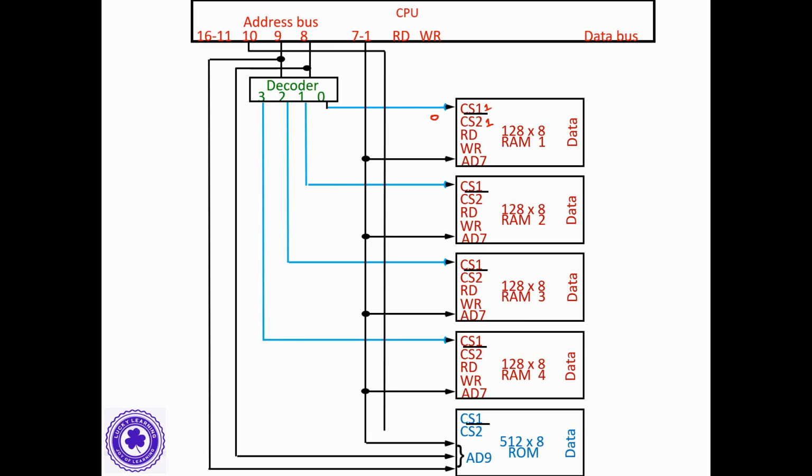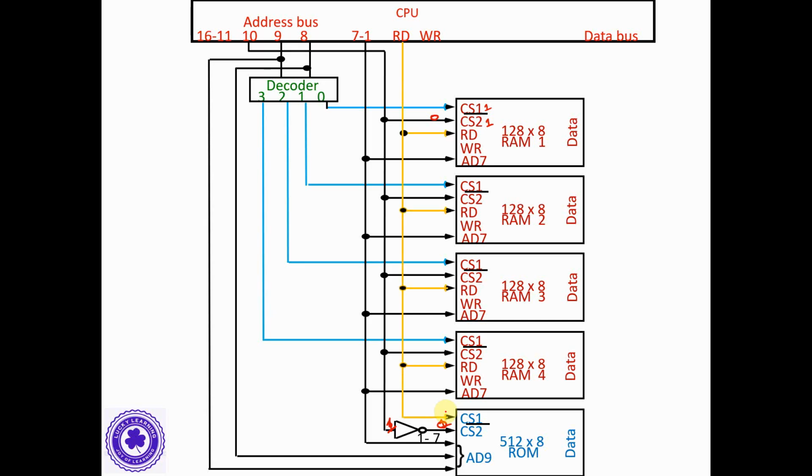So when the 10th bit is 0, it is going to select the RAM chip, but not the ROM chip. For the ROM chip, CS2 complement is also 1, so 1 1 means ROM is not selected. ROM is selected when the 10th bit is 1. So CS2 input is 0 and CS1 input is also to be 1.